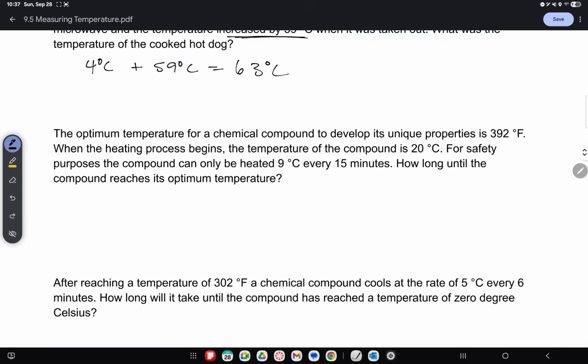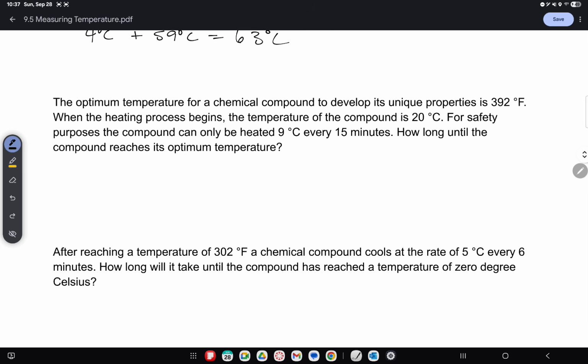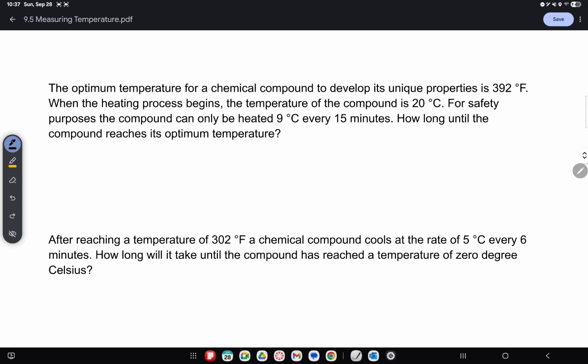All right, let's take things a little bit further. The optimum temperature for a chemical compound to develop its unique properties is 392 degrees Fahrenheit. When the heating process begins, the temperature of the compound is 20 degrees Celsius. For safety purposes, the compound can only be heated at 9 degrees Celsius every 15 minutes. So how long until the compound reaches its optimum temperature?